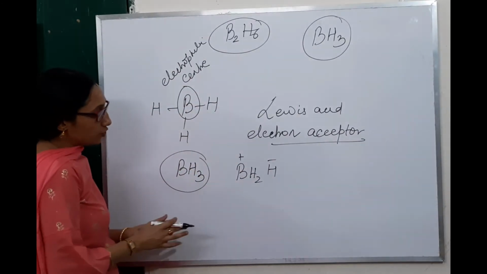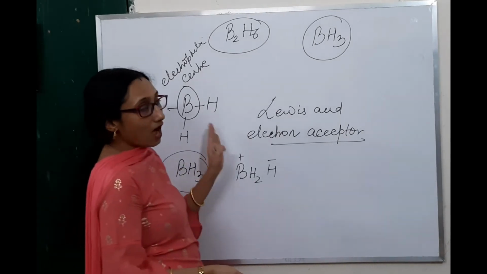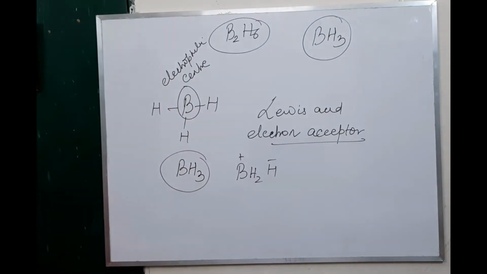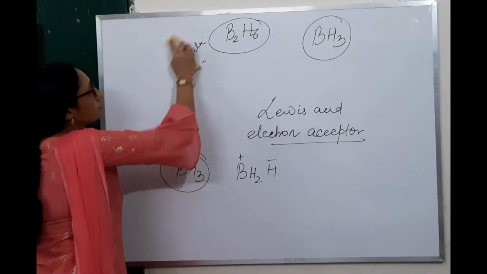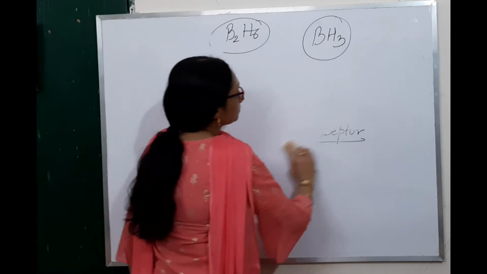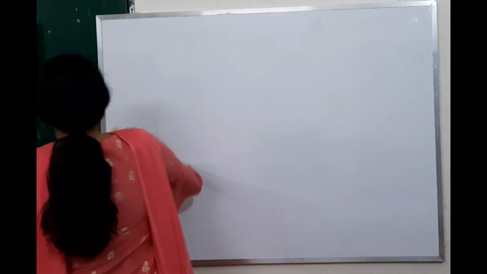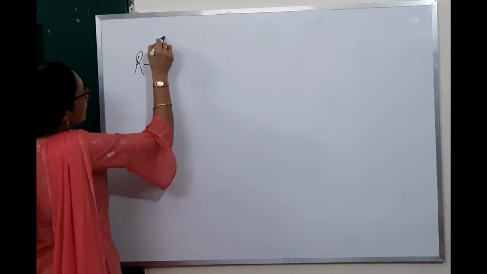So now what we will do, we will add this BH3 to an unsymmetrical alkene. Let us take this unsymmetrical alkene.